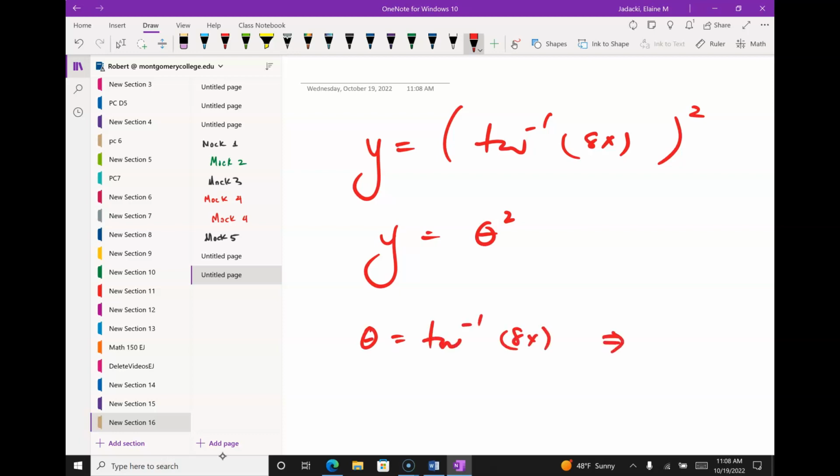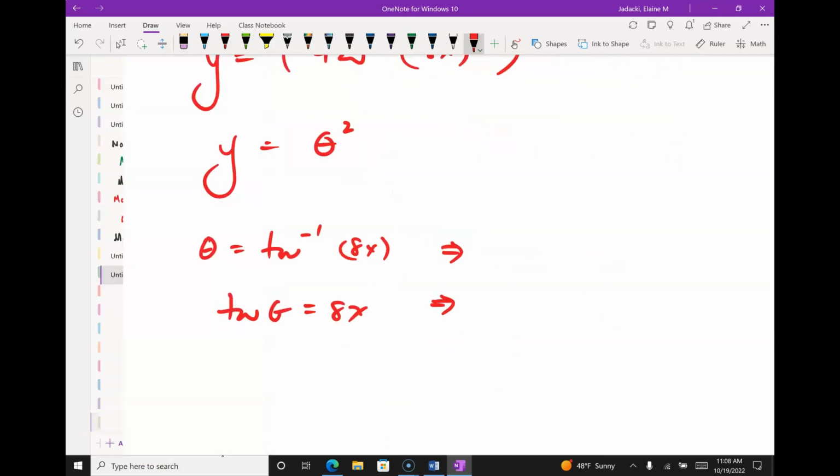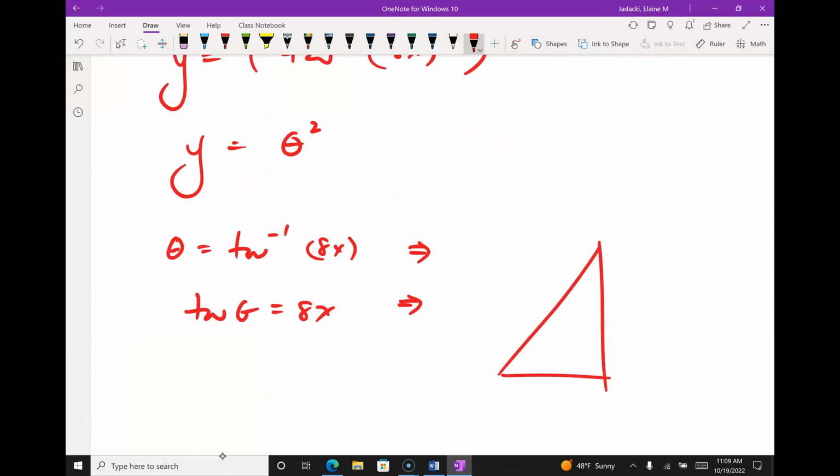So tangent of theta is 8x. So I have a right triangle with an angle of theta, and I have an 8x and a 1. And so my other side is going to be square root of 1 plus 64x squared. I'm just doing the Pythagorean theorem there, a squared plus b squared.